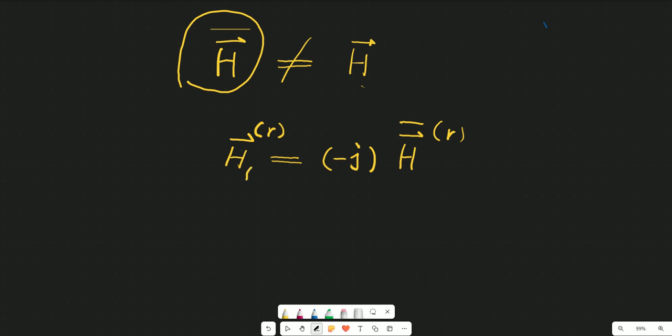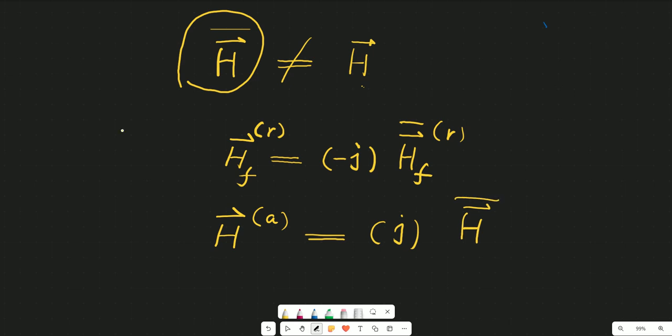this we are talking about a far field. If it is advanced wave, it's far field. So this is a correct effect.